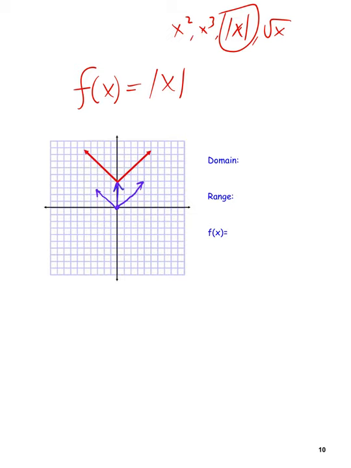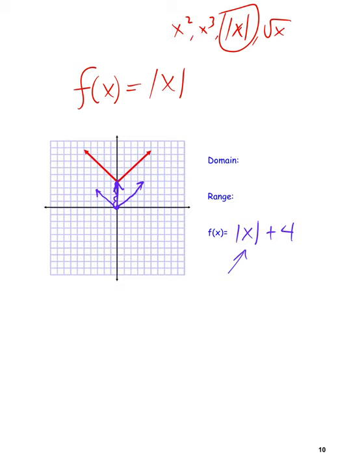So our new equation, we would still just have absolute value x because we didn't move it to the left or right at all. But we did move it up 1, 2, 3, 4 units. So the vertical translation would be the plus 4 at the end of the equation. Okay, again, nothing to the inside of the absolute value because anything we do in there would move it left or right.